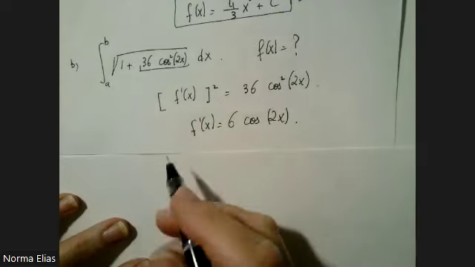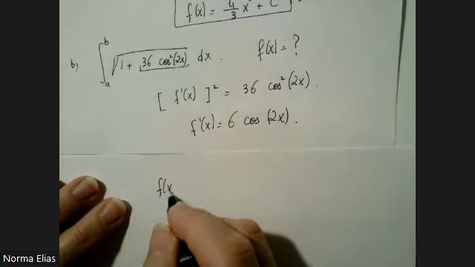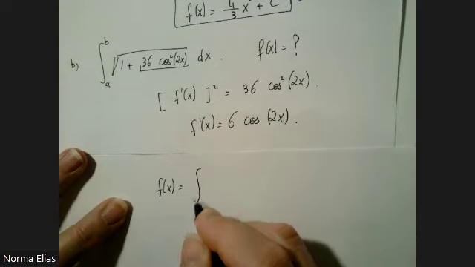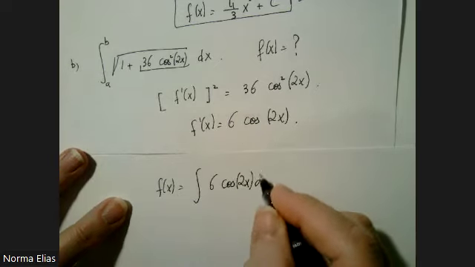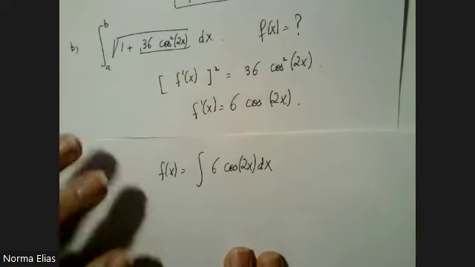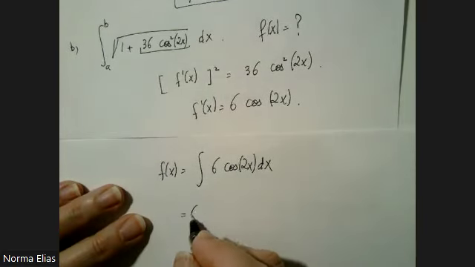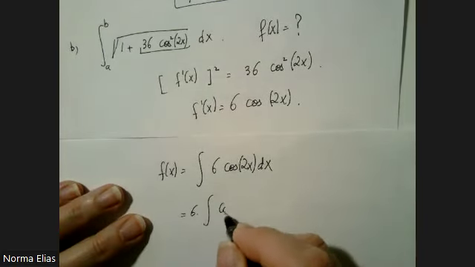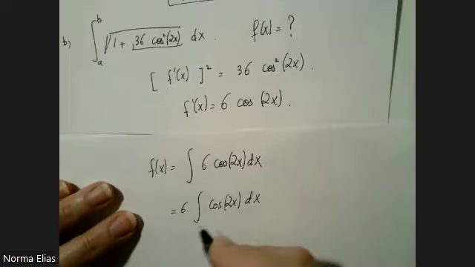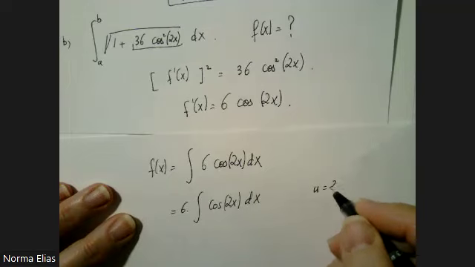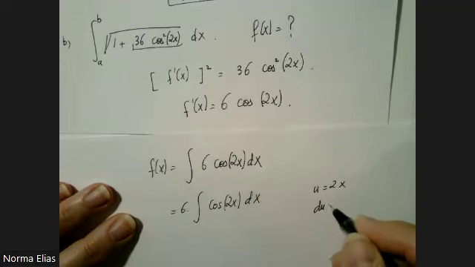f is going to be the antiderivative of this function. Now the job is to find the antiderivative. It means 6 times the antiderivative of cosine 2x dx. Now to find this, I need a little bit of substitution.